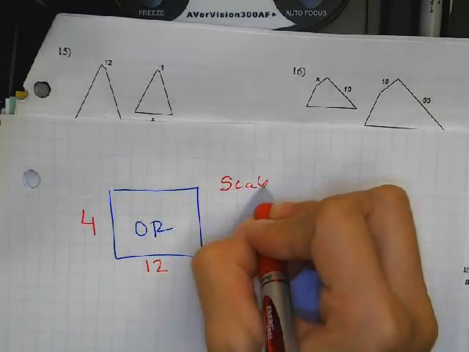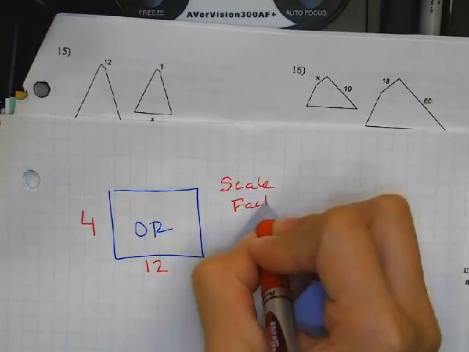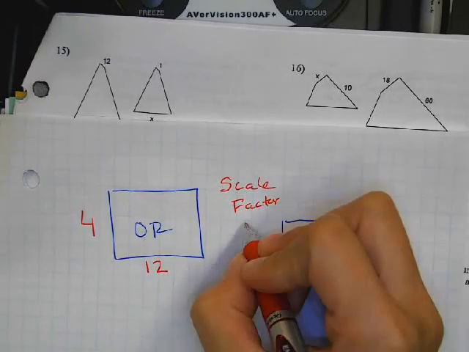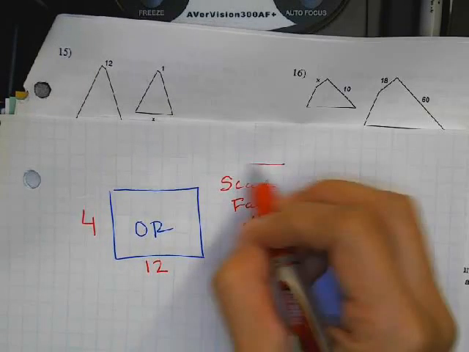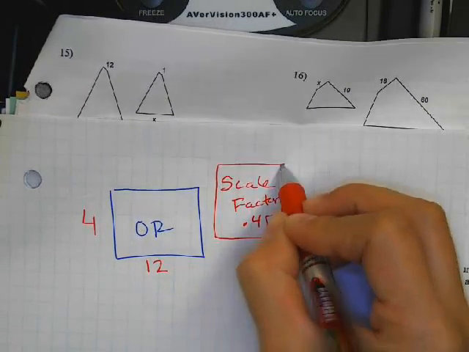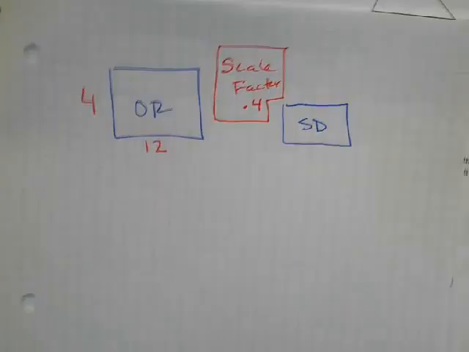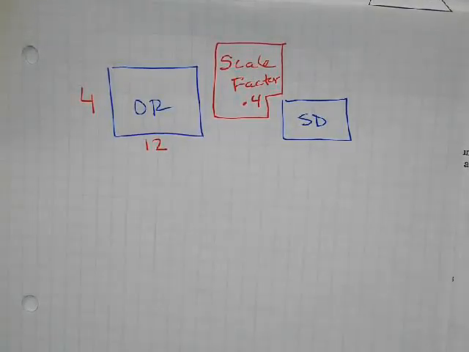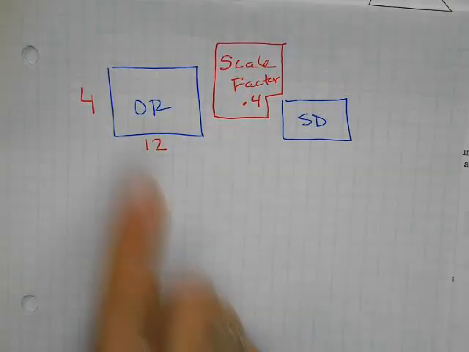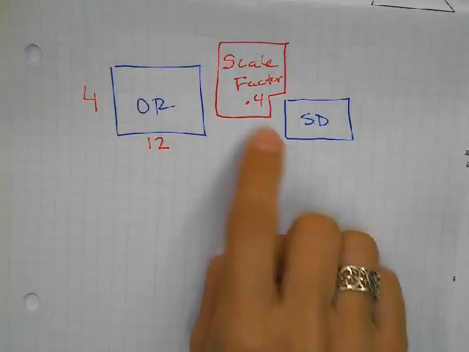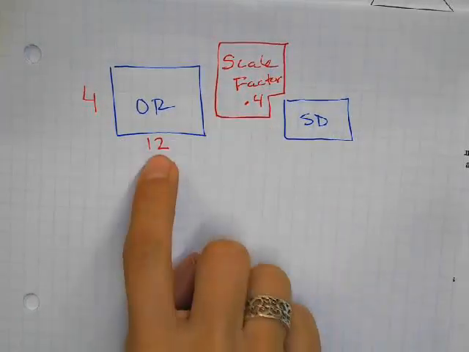The scale factor of this is 0.4. How do you determine the new measurements of your scale drawing? Multiply. So everybody take 4 and multiply it by 0.4, and take 12 and multiply it by 0.4 right now. Let's go.